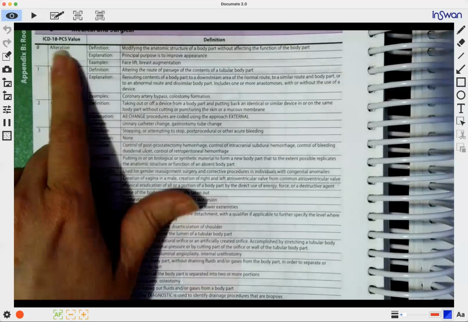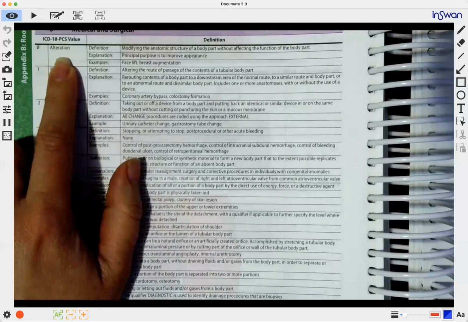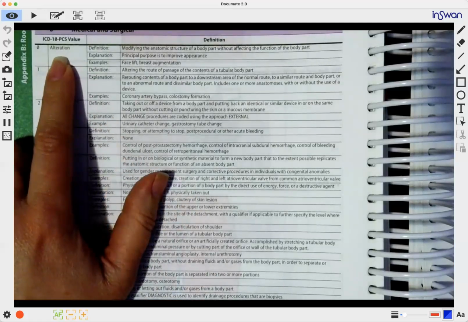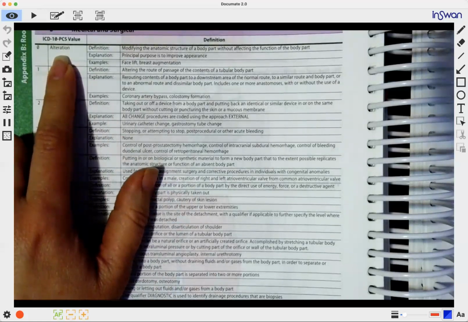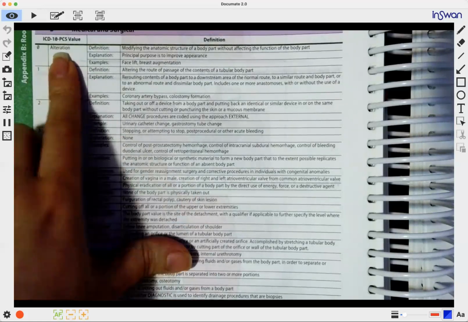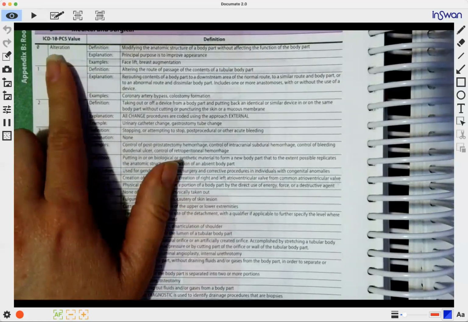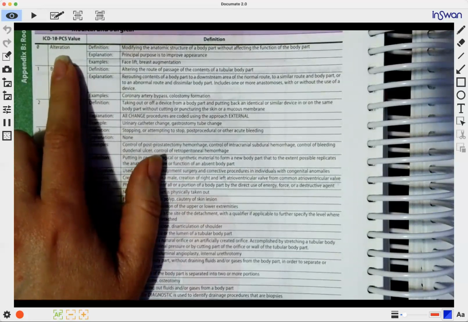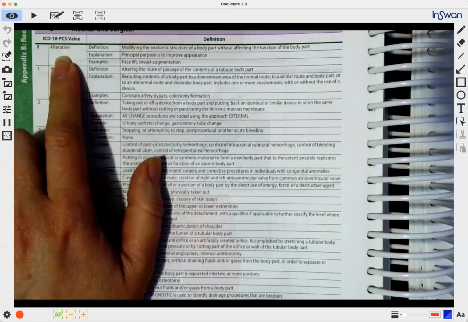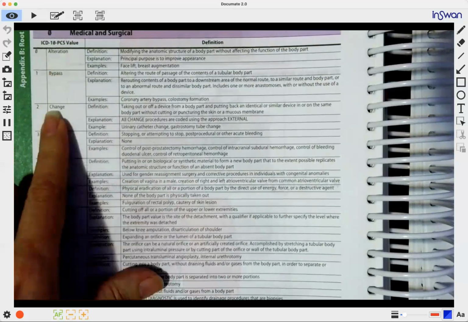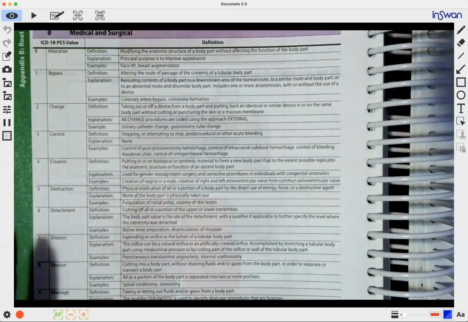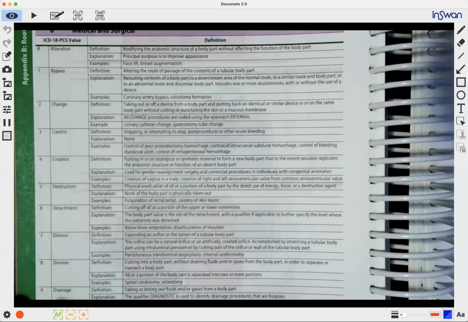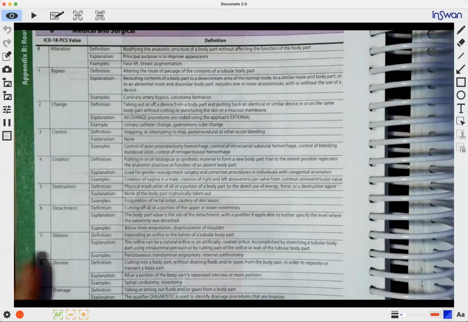So they're not going to call it an alteration. They're going to say what they actually did in their own medical terminology. So, they're going to say that it was a breast augmentation. And you have to know that breast augmentation equals alteration. So there are 31 different root operations in the medical and surgical section.